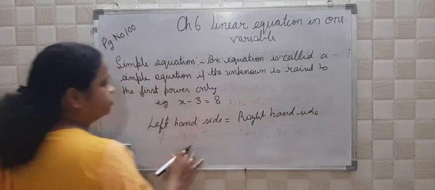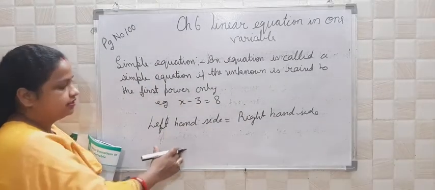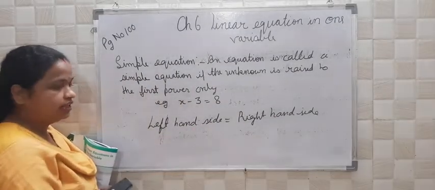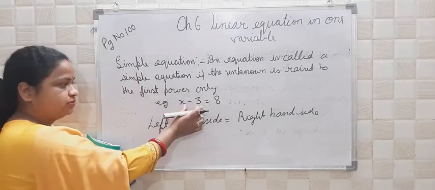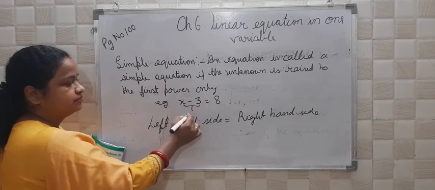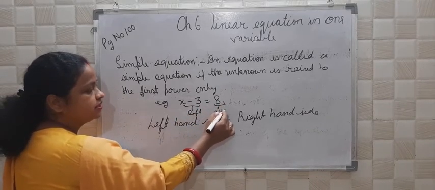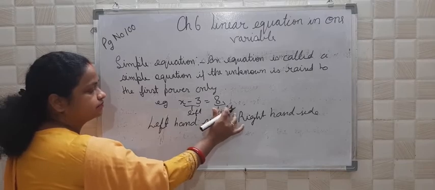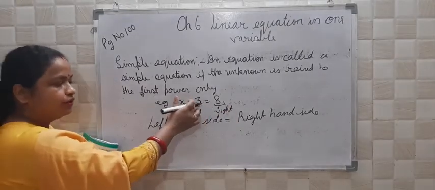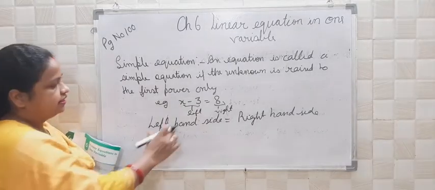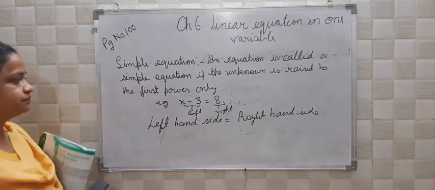It is equal to left, so it is said to be the left hand side, and it is equal to right, so it is said to be the right hand side. What is before the equal sign is on the left side, and what is after the equal sign is on the right side.